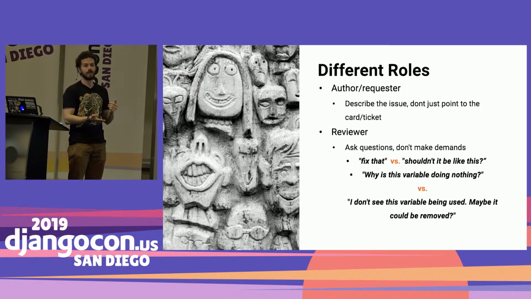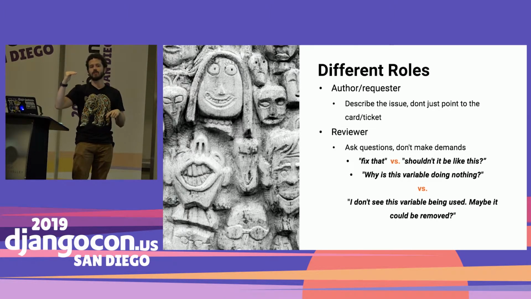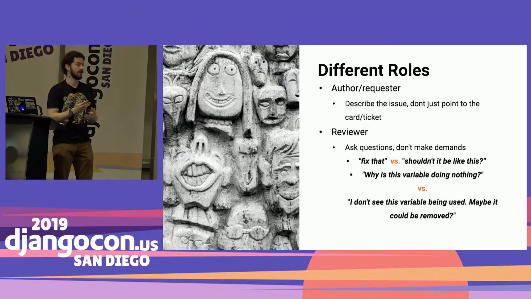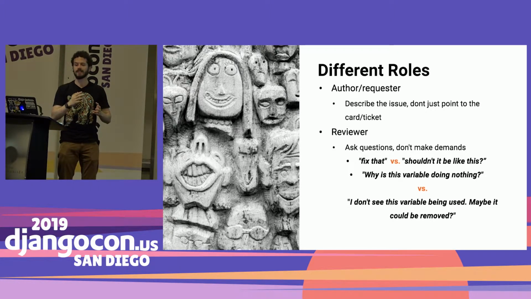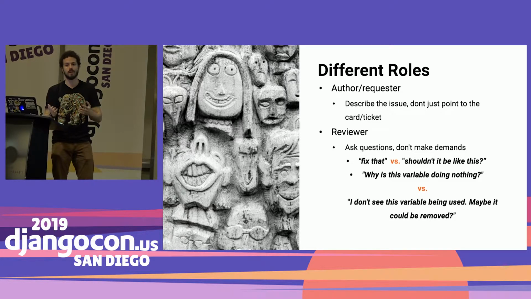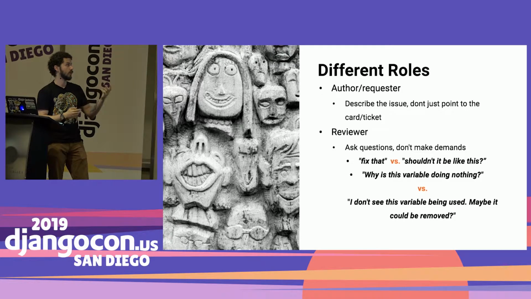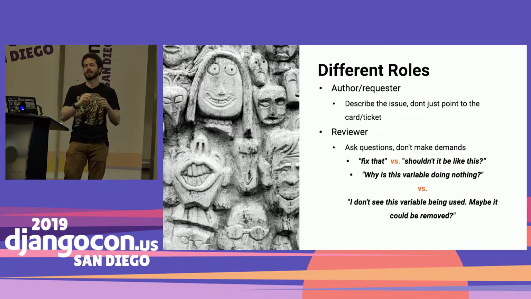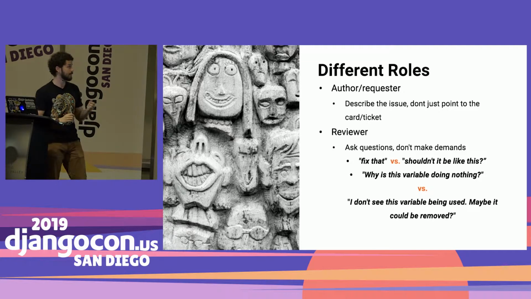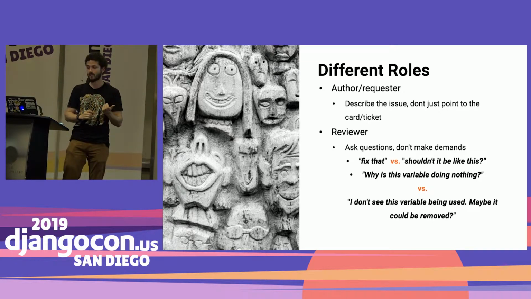But the person reviewing that is going to have to click on that link, go to the issue, read the description, maybe read through a conversation, and understand that some of the requirements may have changed. Otherwise the reviewer might find something that he or she thinks is wrong because the requirements actually changed throughout some conversation. So if you just take some time to write what the issue was and what you did, it makes everyone's life much easier.